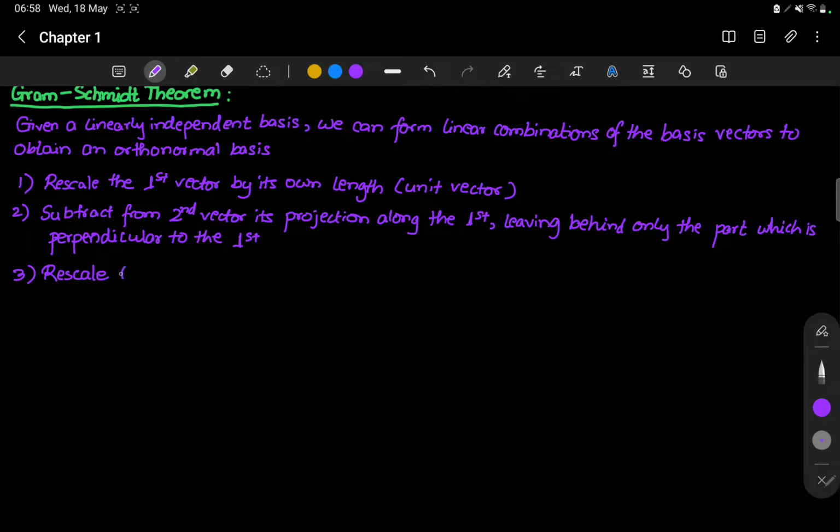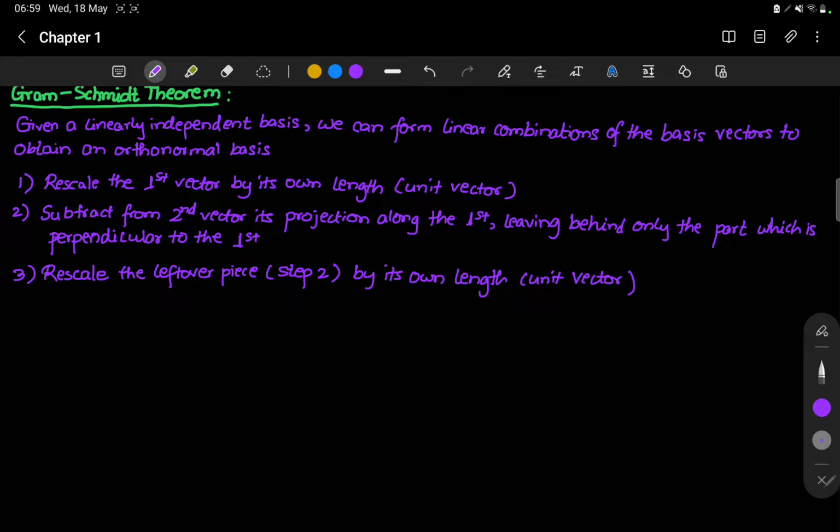So rescale the leftover piece from step 2 by its own length. Again, this gives us a unit vector.